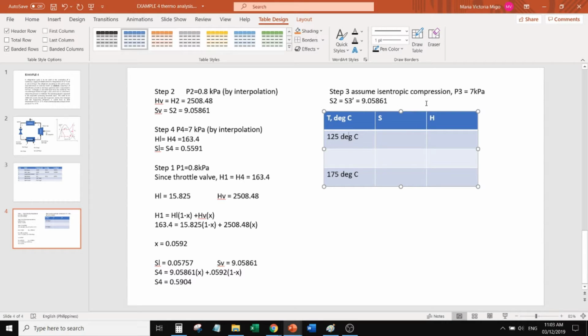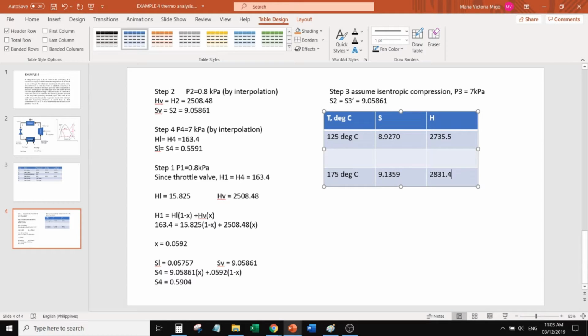At this pressure, 7 kilopascals, via interpolation, 2735.5 and 9.359, 2831.4.